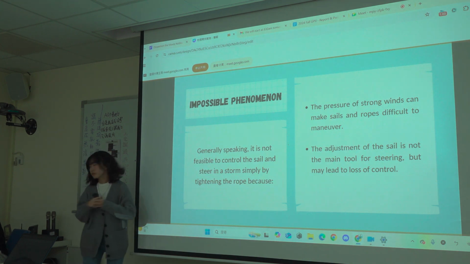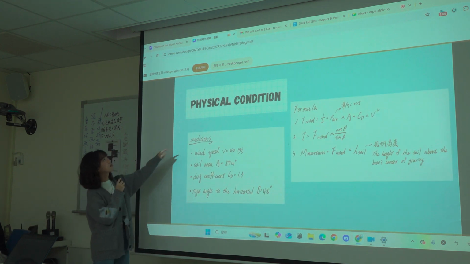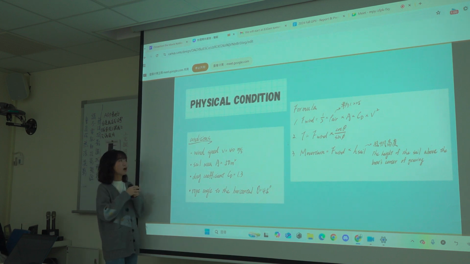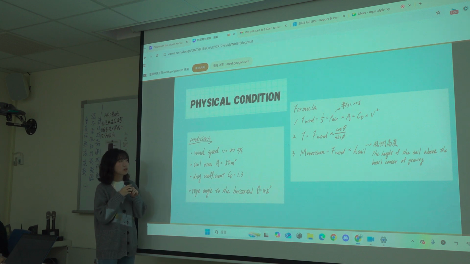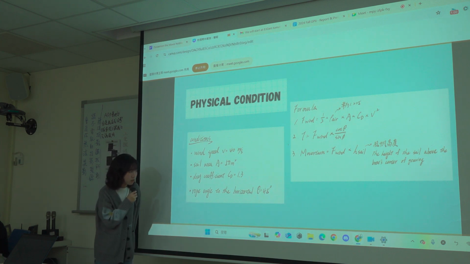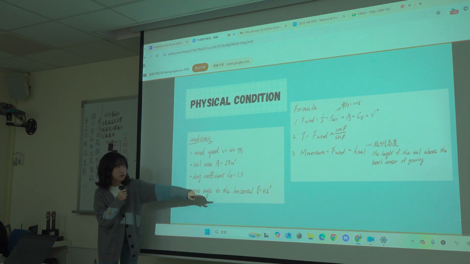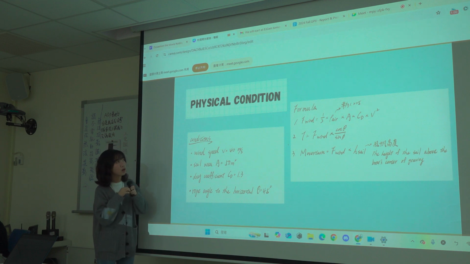So the physical condition: the wind speed is 40 meters per second, the sail area is 50 square meters, the drag coefficient is 1.3, and the rope angle to the horizontal is 45 degrees, and this is the formula I will use.